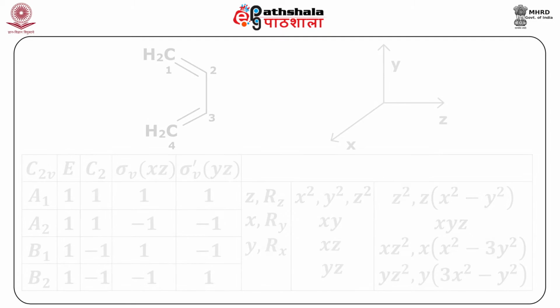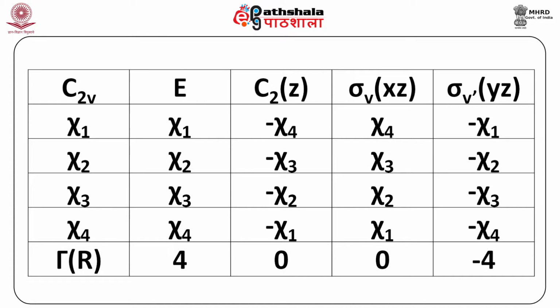So these are denoted as chi-i as we have been doing previously, and when you perform the various operations on the atomic orbitals, you find that chi1 under the operation E remains chi1, but under C2Z it becomes minus chi4 because this is a rotation about the Z direction and the molecular orbitals are in the X direction.